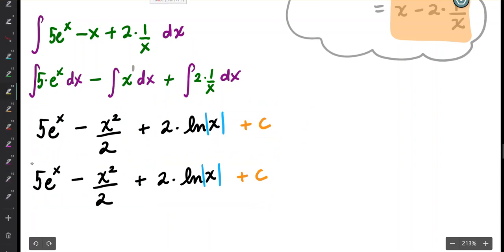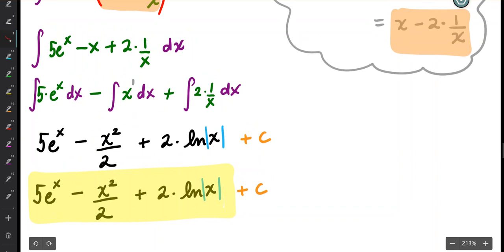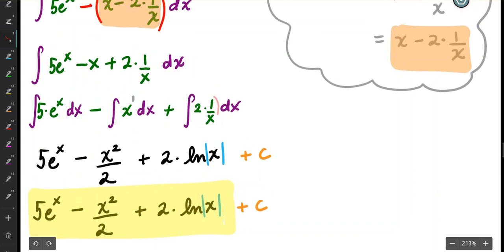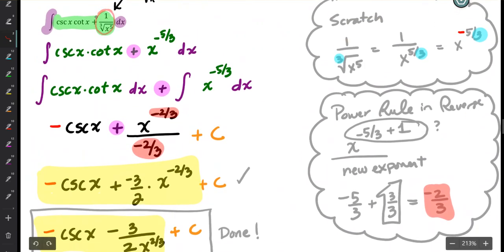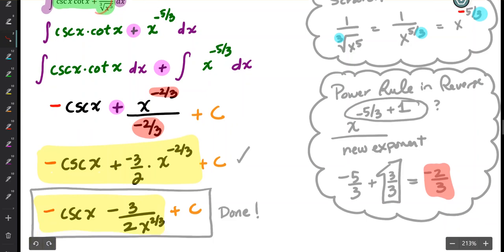I wanted to just point out one other common thing. I picked this problem, or I made this problem up, actually very intentionally. This piece right here of having that x with writing that exponent as a 1 can be a little funny for people, but if you looked back at the problem we did right before, I wanted to write this as x to a power so I could use power rule in reverse.